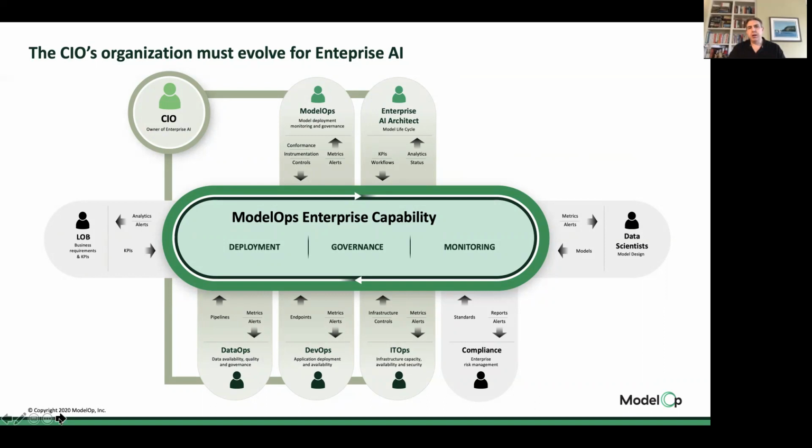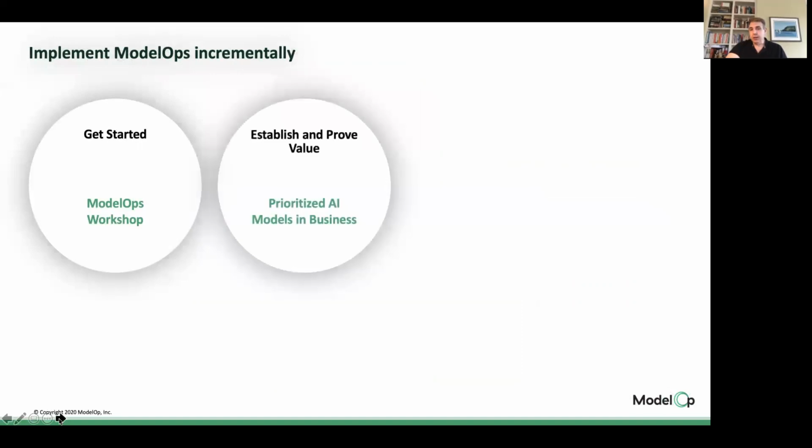In order for the CIO's organization to be the partner for that federated data science activity, 2 new roles are required: the ModelOps engineers and the enterprise AI architect, and they interface seamlessly with the other operational capabilities on the bottom, DataOps, DevOps, and IT ops, around a very well-defined ModelOps capability. And then other organizational components like compliance must be seamlessly integrated as well. Again, I cover quite a bit of that in the morning session.